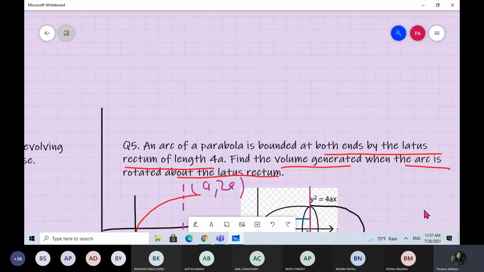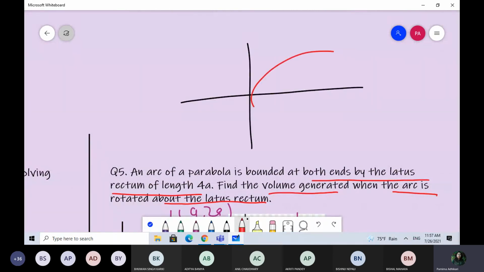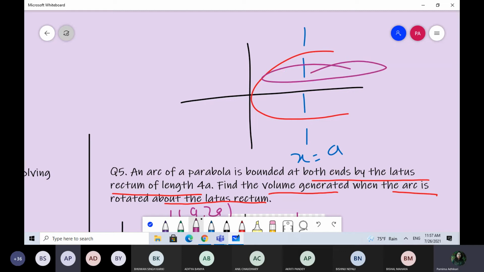Keeping these things in mind, let me quickly draw your parabola, and tell me what will happen when this parabola is rotated about its latus rectum, x equals a. Can you tell me what sort of solid surface we are going to get? When we rotate it about this line, one type of solid forms.